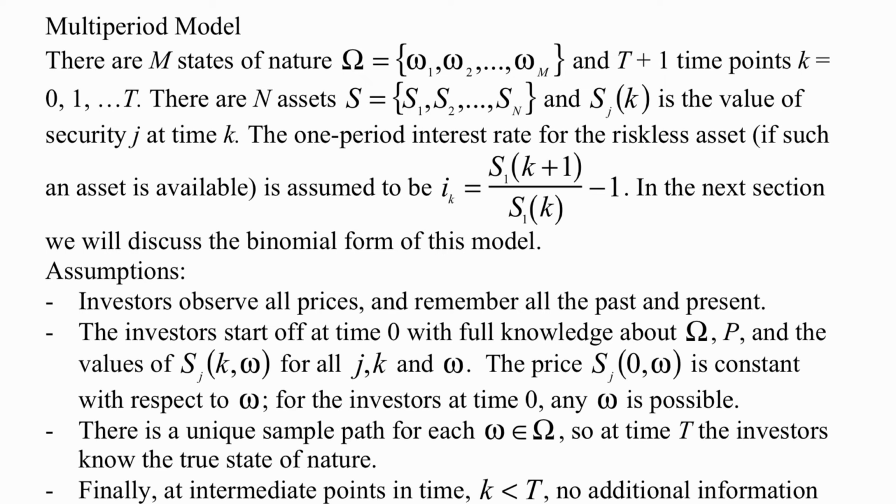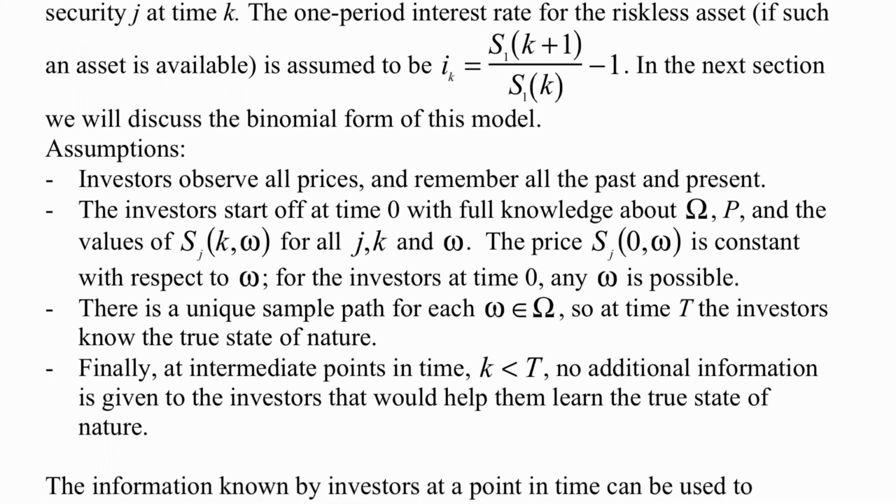The one-period interest rate for the riskless asset, if such an asset is available, is assumed to be I_k equal to S_1(k+1) over S_1(k) minus 1. So notice that it's a different risk-free interest rate at each time. In the next section, we'll discuss the binomial form of this model.